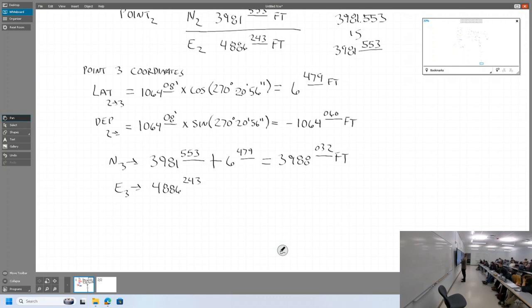Again, because it's a negative value here, we just subtract 1,064.6. The coordinate for that will be 3,822.183, in a little box like that. Okay, you guys understand that part, right?